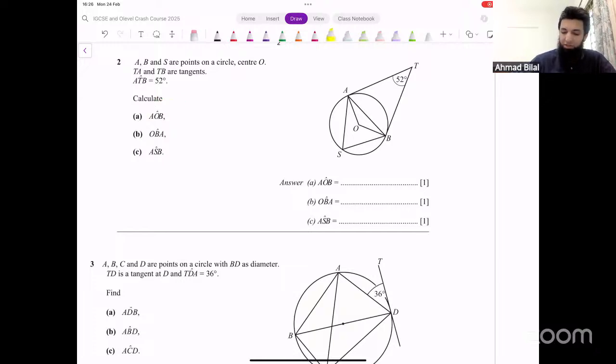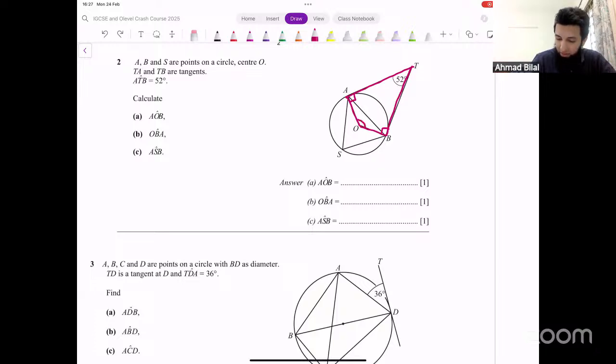We're given two tangents, TA and TB. These two tangents are equal to each other because they are tangents coming from the same point outside the circle. This figure, remember, is going to be a kite. So if I join these like this, O is the center of the circle. This is a kite where this angle is 90 degrees and this angle is also 90 degrees. If this angle is 52, and the sum of all angles in a quadrilateral is 360, what about this angle?